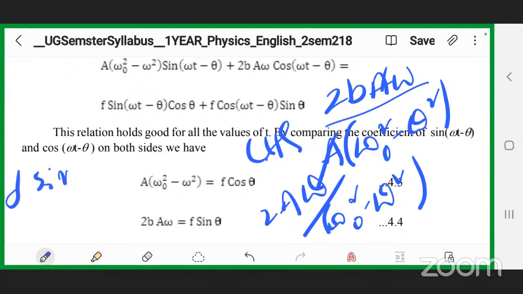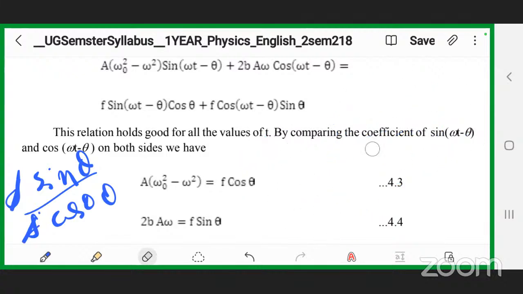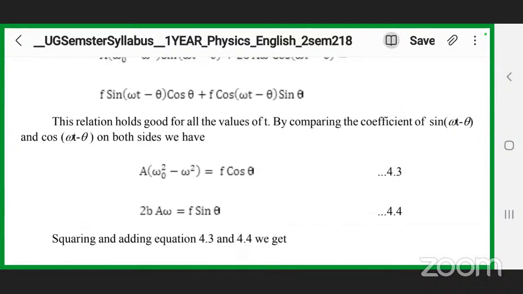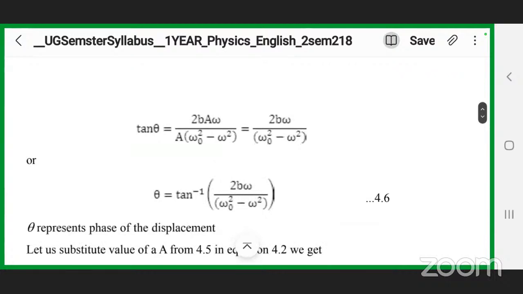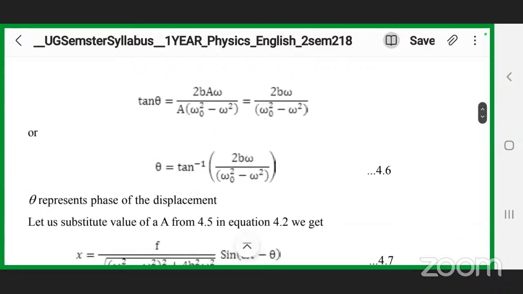F sin theta divided by F cos theta. F gets cancelled, sin by cos is tan theta. So we get the same thing. What is the theta value? Tan inverse of 2b omega by omega naught square minus omega square.